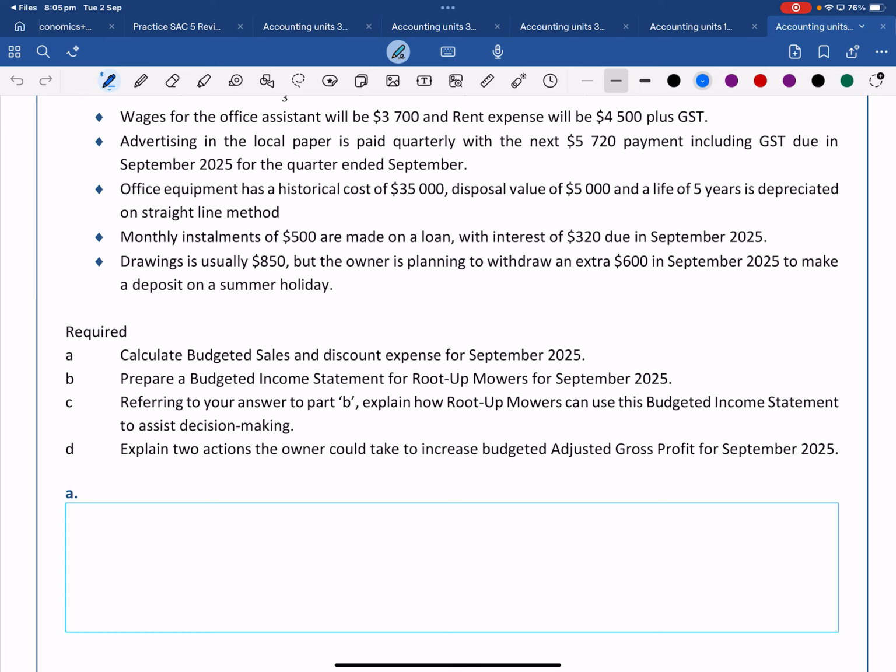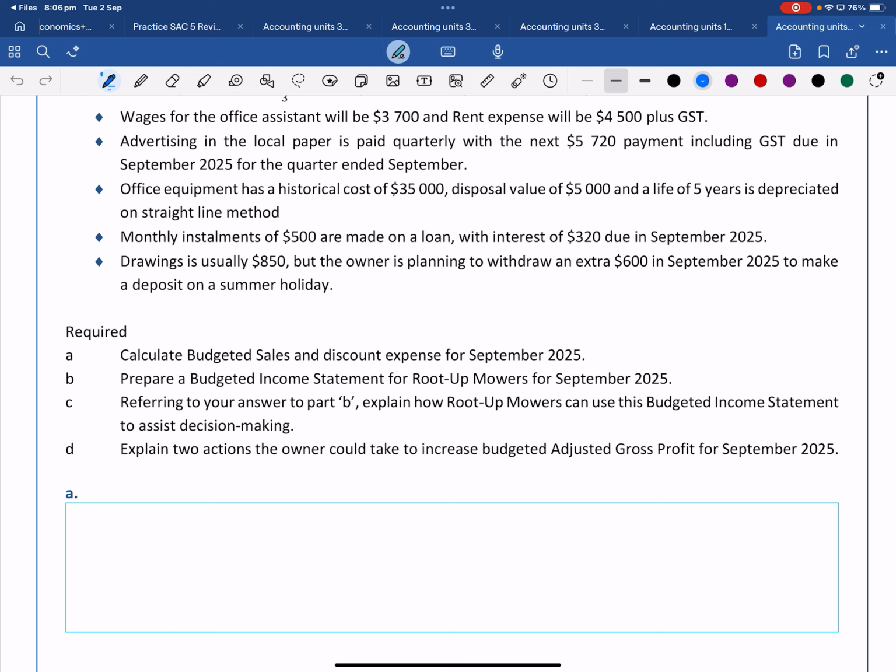Yeah, 100,000. How did you get 100,000? 80,000 and 70% of sales made on credit, which is 70,000. And then 50% of credit sales was paid in the same month. So that's 35,000. 5% of 35,000 is 1,750.